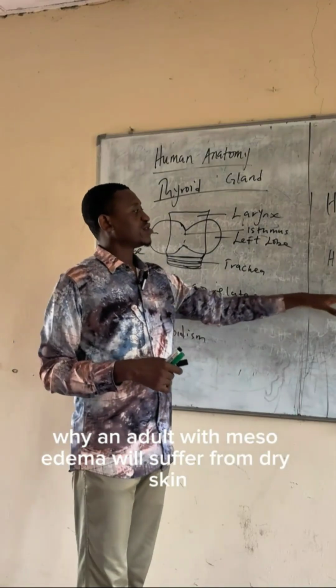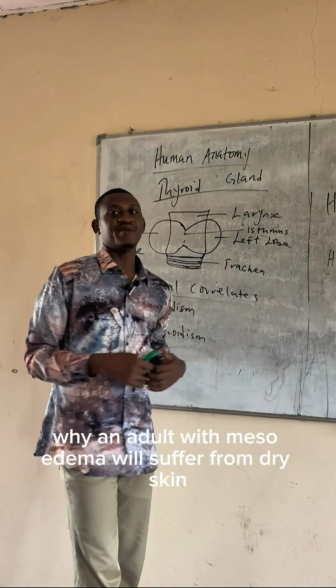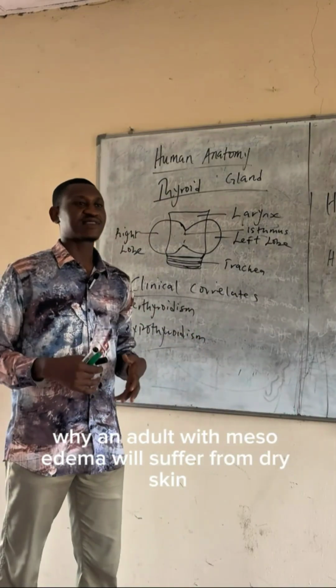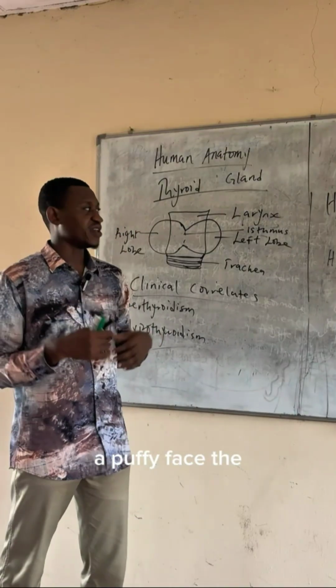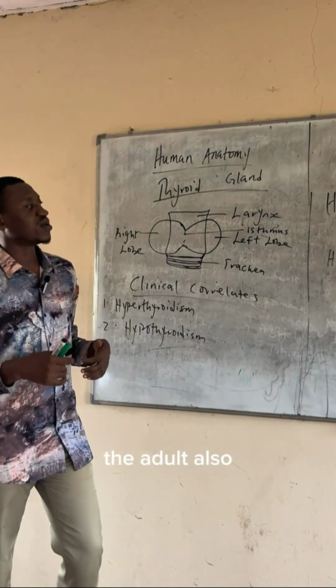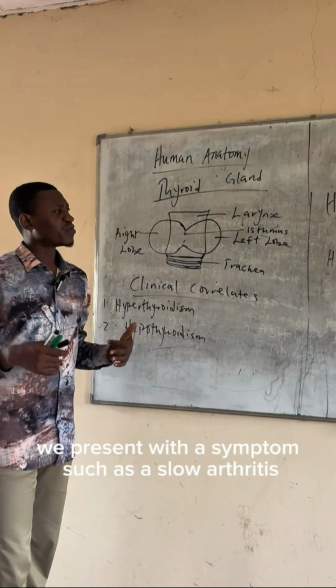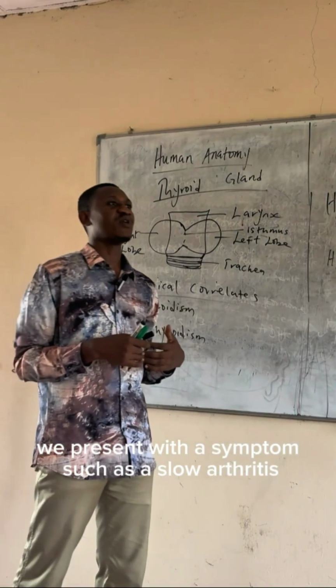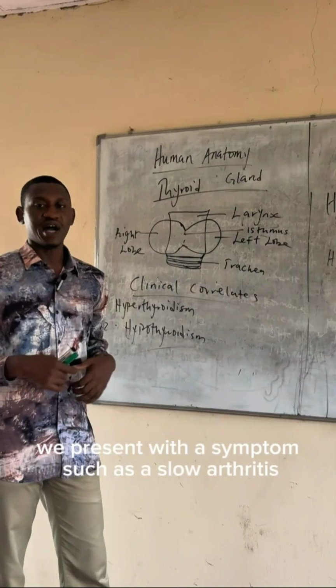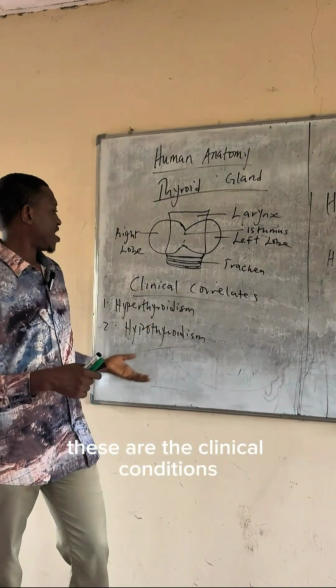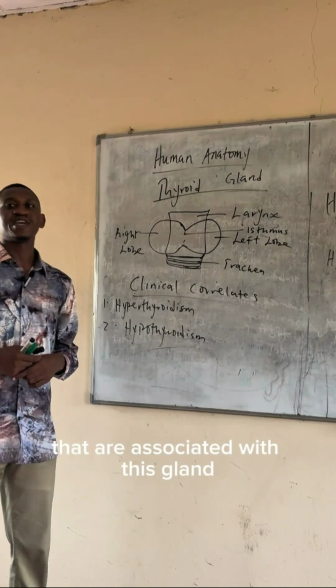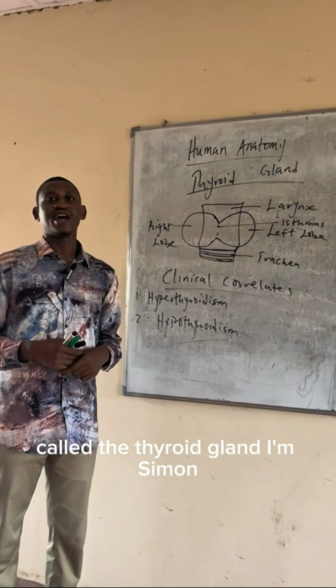An adult with myxedema will suffer from dry skin, weight gain, and a puffy face. The adult will also present with symptoms such as slow heart rate, among other symptoms. These are the clinical conditions associated with the thyroid gland.